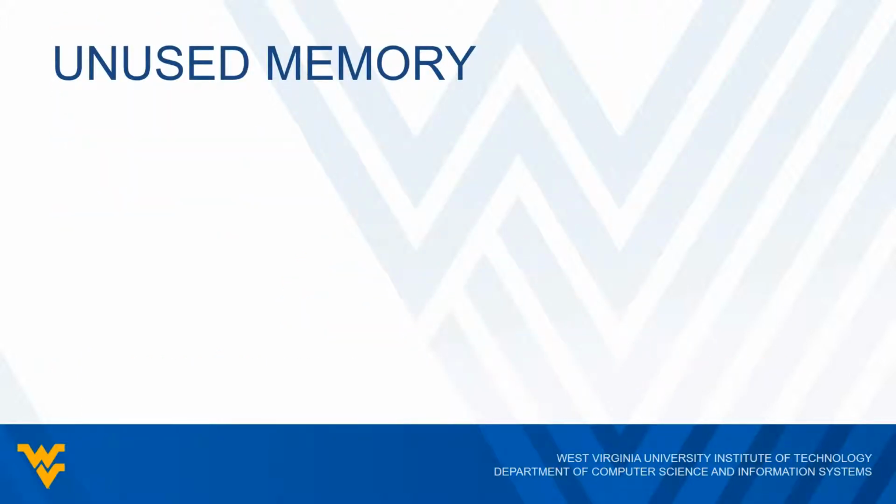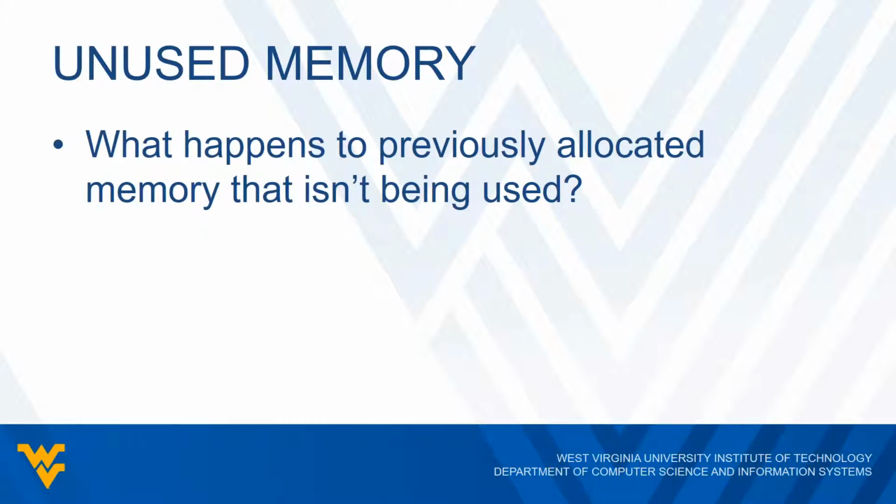So then the question to ask is, what happens to memory that we no longer use? We allocate some memory, and then maybe we don't use it anymore. Like in our string example earlier, we created a string object that had hello in it, and then we created another string object that had hi in it, and assigned the memory address of that to our reference variable, which means nothing is pointing to our hello string object anymore.